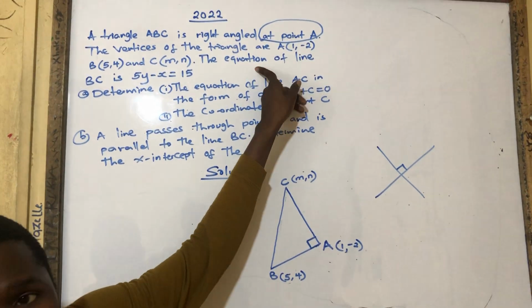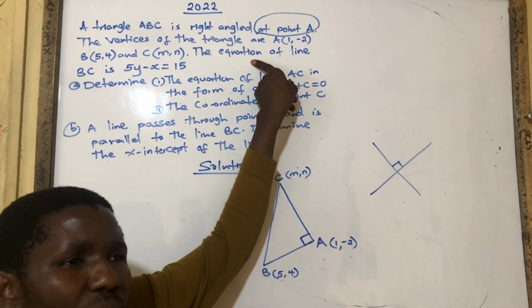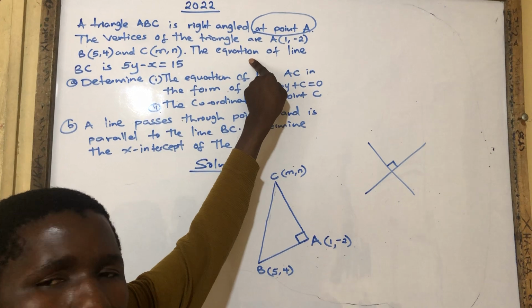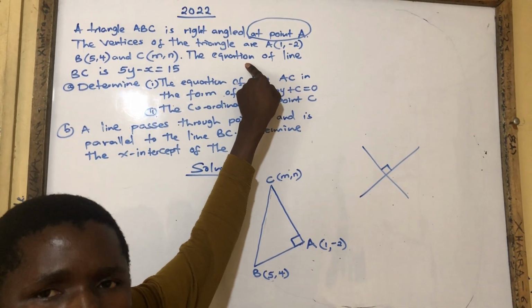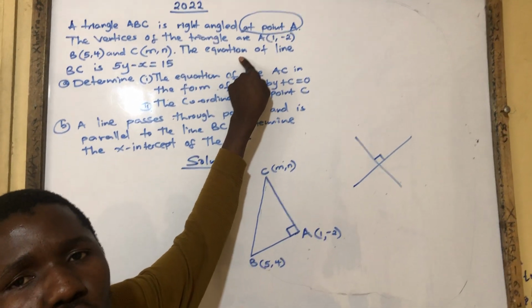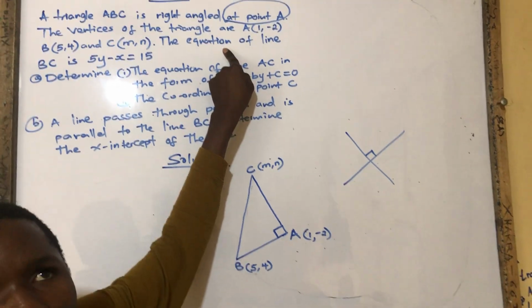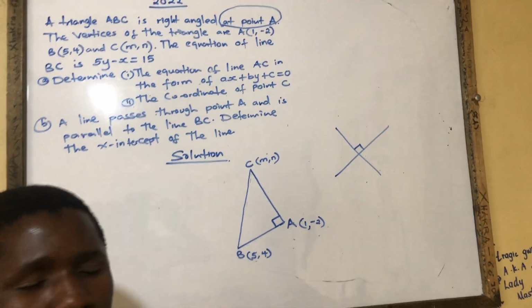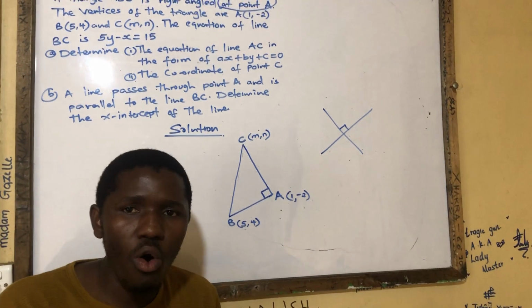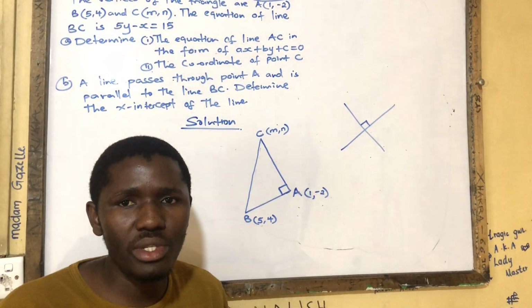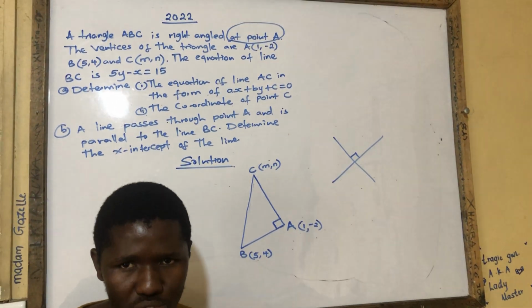But in the question, there is nowhere in particular where the word perpendicular was used. This is what we call an application question, and the student is required to rely on definition of terms in order to answer this question.